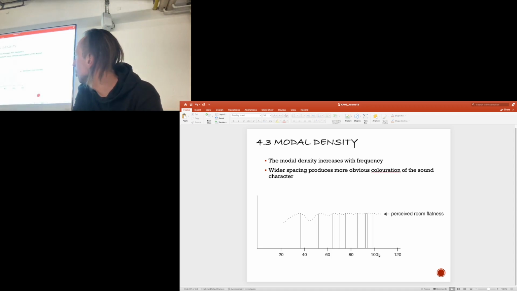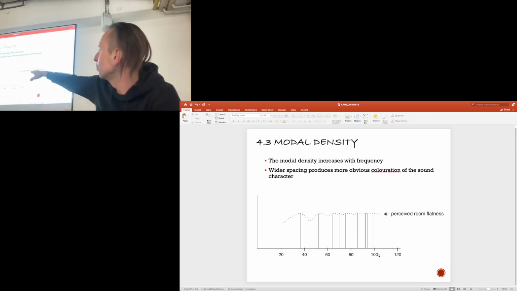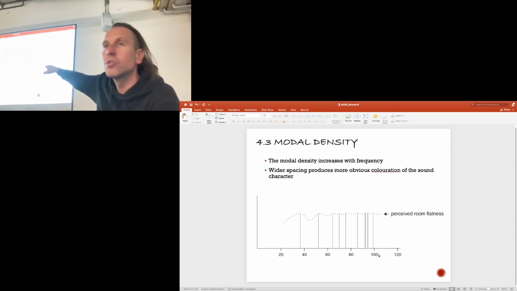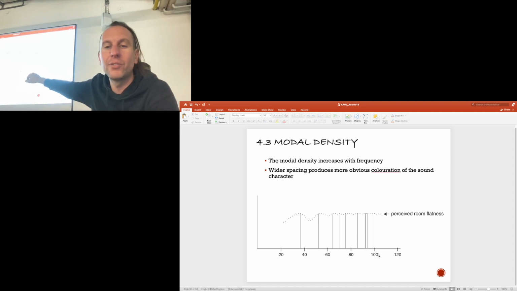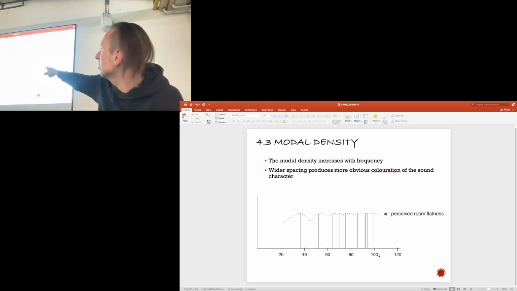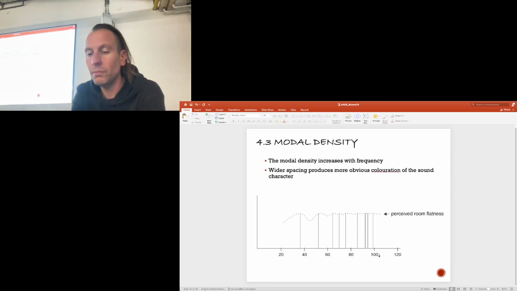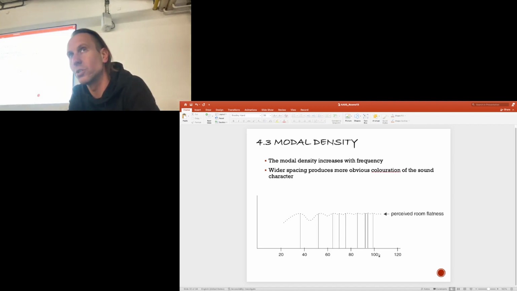The interesting thing to note is, you see there is the region with a lot of peaks and troughs, and then comes some more of a flat response after that. And what is really important is that the density of modes increases. The density of reflections increases in a room, which is something that early reverberators couldn't do.